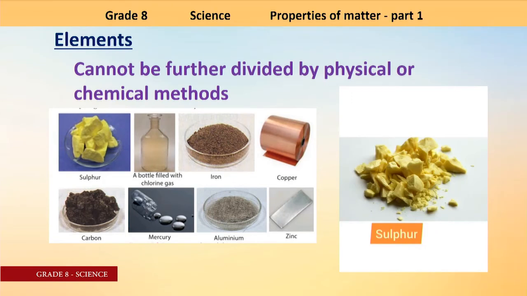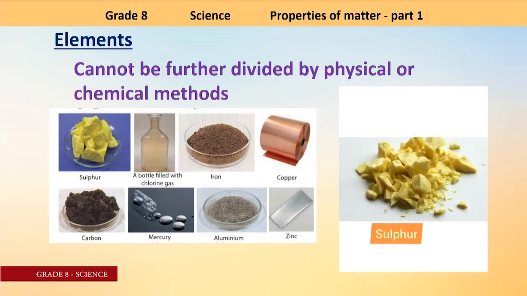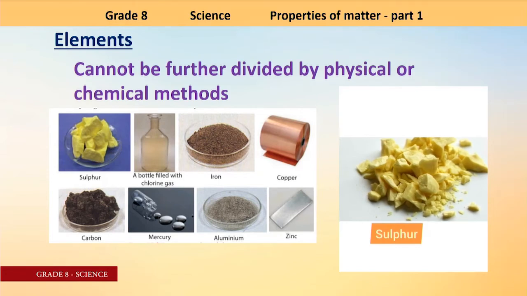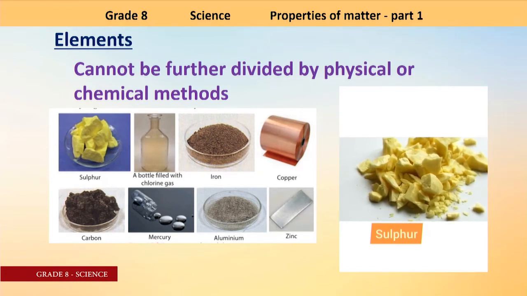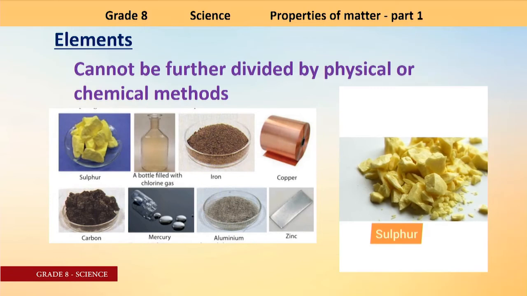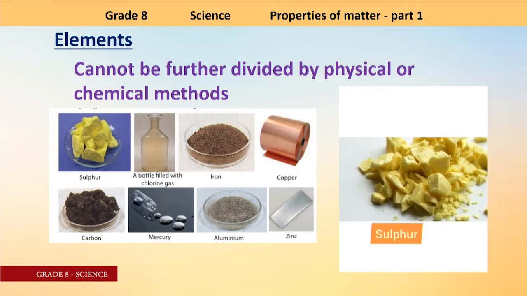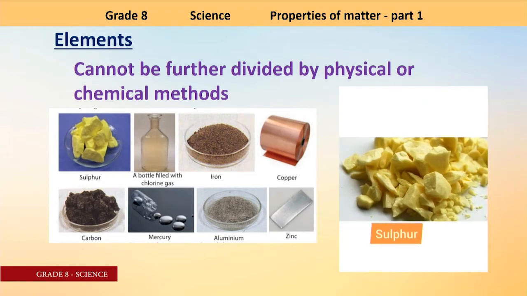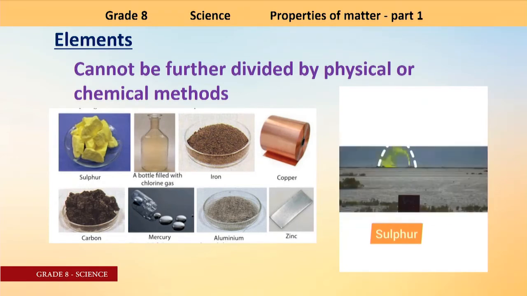Let us see what are those elements in a closer manner. Here you can see the sulfur. It is a yellow color substance, you can see. So, we consider it as an element. Element means, now you know, it is a pure substance. You can see the nature of sulfur here.